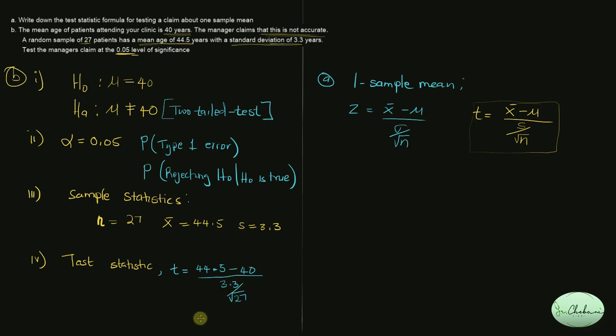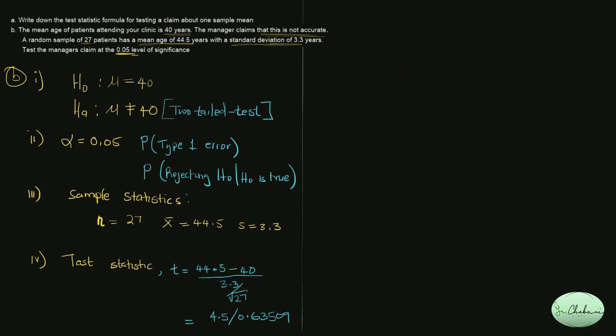So this is going to be 4.5 over 0.63509, which is 3.3 divided by the square root of 27. So the final answer here is T equals 7.09.